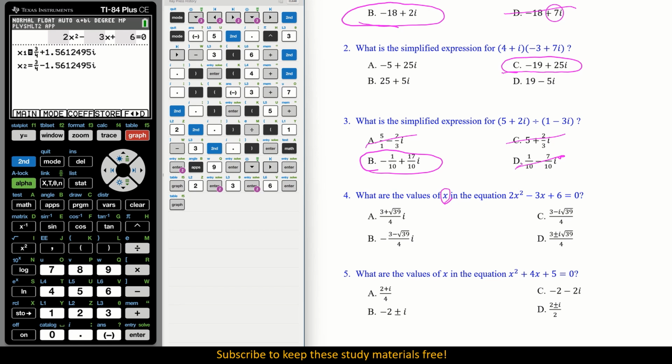When you're dealing with a quadratic, complex solutions come in conjugate pairs, so it must come in twos. So if you have any answers that don't give you a positive and negative together, they are incorrect. So you look right here, and if it doesn't say positive, negative, you get rid of them immediately. So D is the only one that has the correct option.